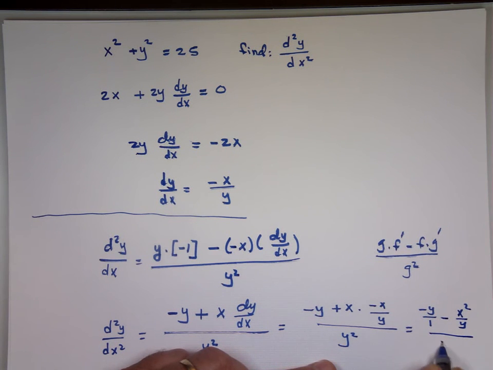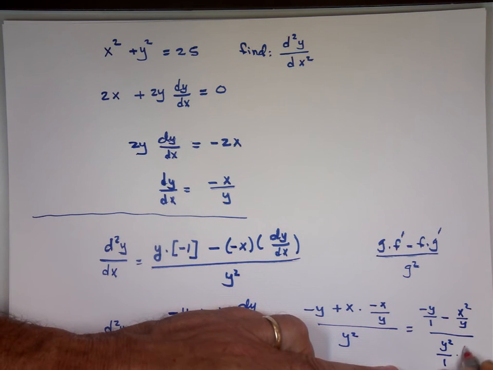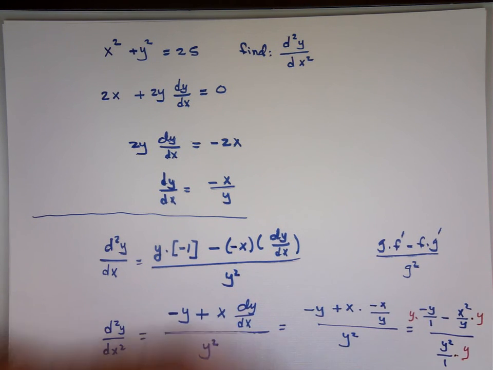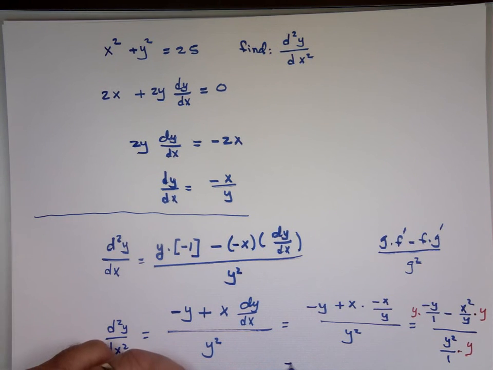I'm going to multiply everything by the LCD, which happens to be y. So what do we have? Negative y squared minus x squared over what? y cubed.